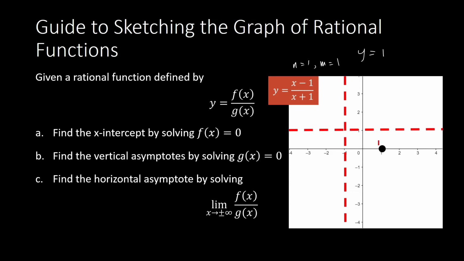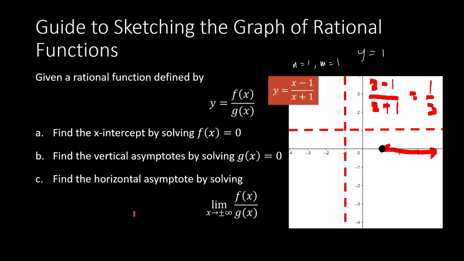So this is an x-intercept. That means your function must intersect that point. So when x approaches infinity, starting from 1, if x is greater than 1, let's say for example 2, then 2 minus 1 divided by 2 plus 1 is equal to 1/3.